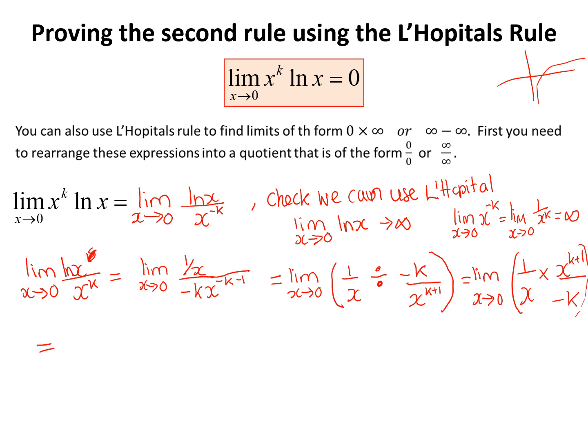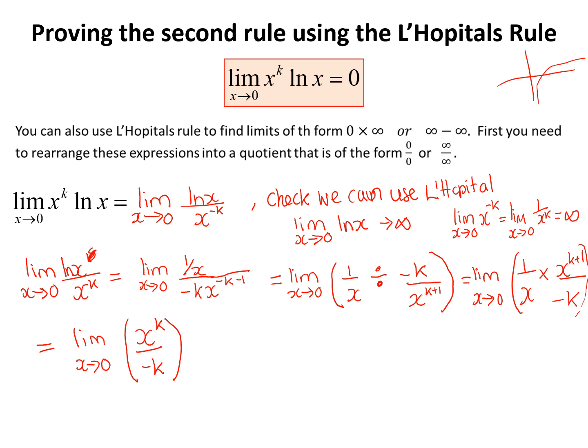So now x divided by x to the k plus 1 just gives me x to the k on the top. So that's the limit of 1 over minus k on the bottom.